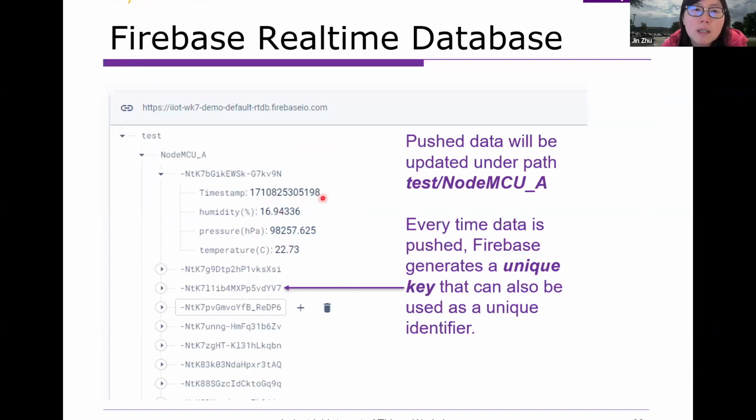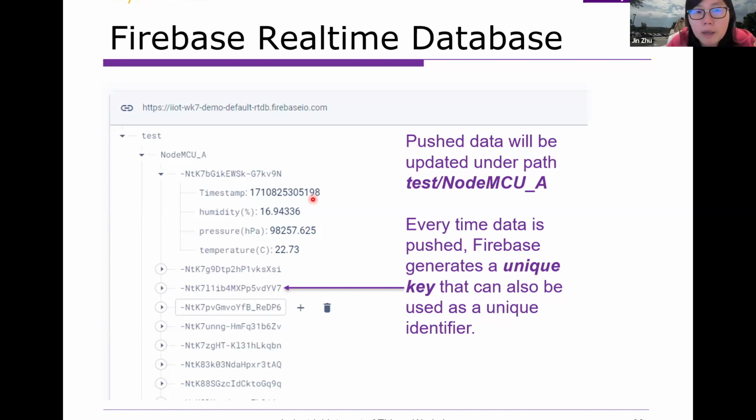Timestamp is the time when the Firebase received the data. Because the NodeMCU does not really have a time base on it, so we use the timestamp and the Firebase includes it in there automatically.